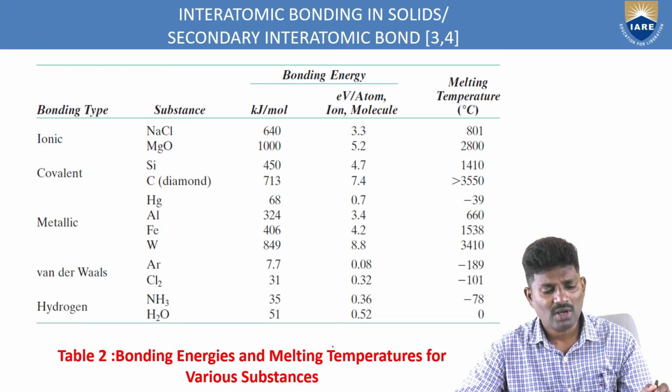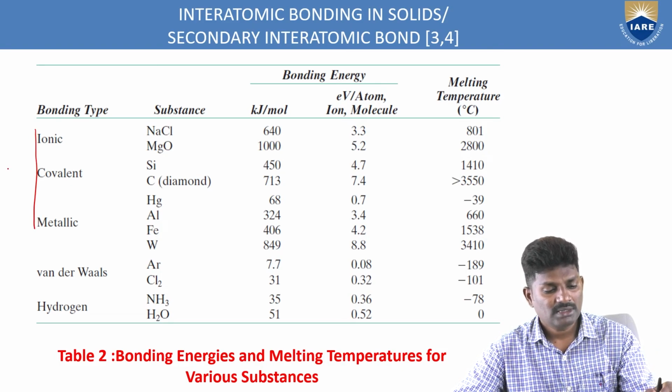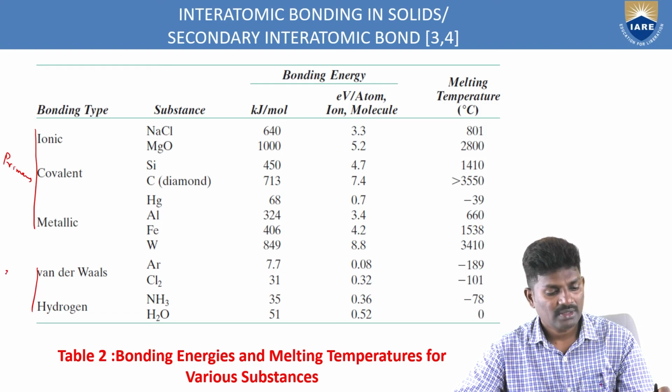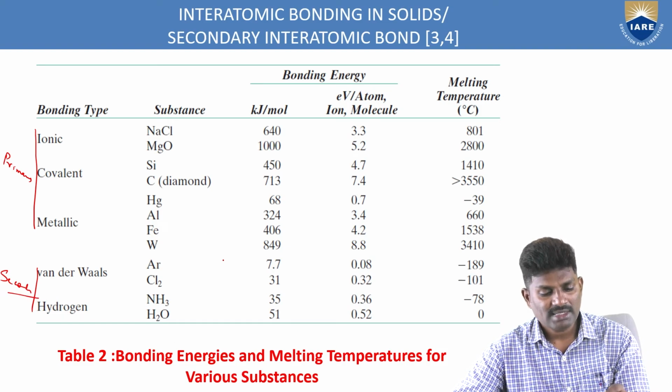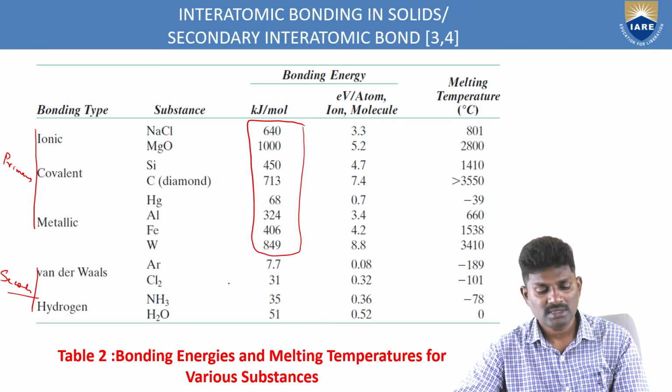Now, if you compare overall the different bonding energies, these are the primary bondings, and these are the secondary. So if you see, you have very little energy in the secondary, and these are all the primary bonding energies.